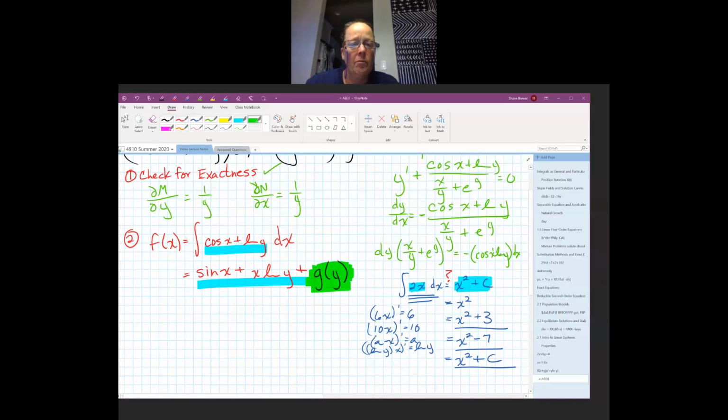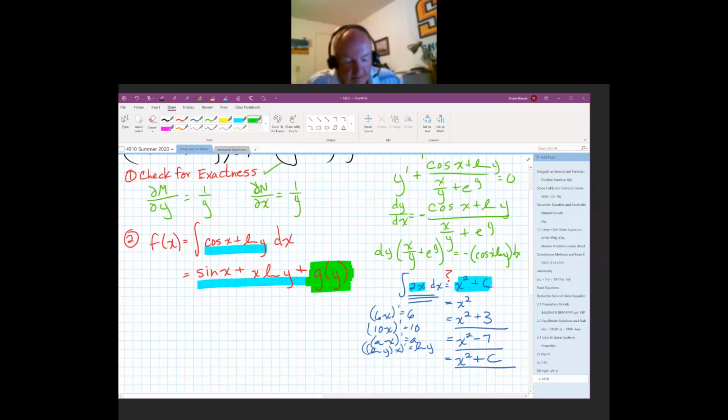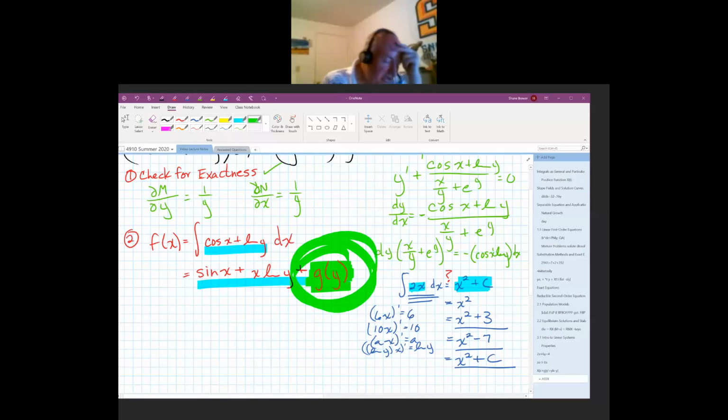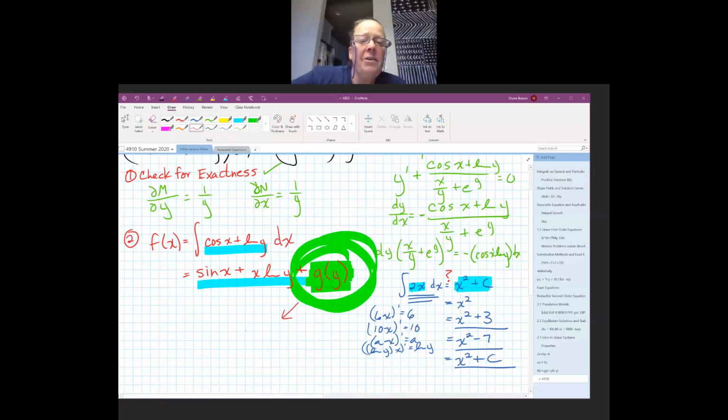So what is the derivative of this with respect to x? A constant, right? Okay, so what does this mean? What does g of y mean? It means it's an expression with just y's and constants in them, right? Y is the dependent variable.